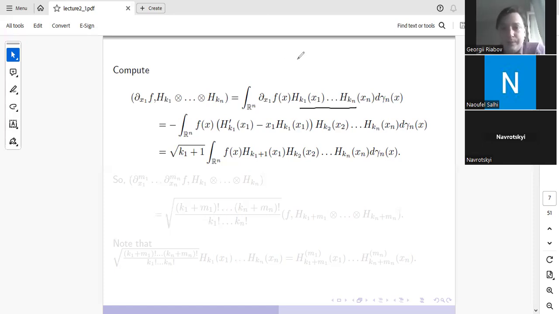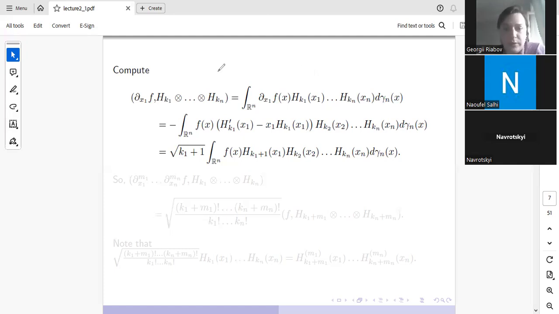And when we differentiate h_{k1}(x1), also we have the density of the standard Gaussian measure. So when we differentiate this, we get h_{k1} prime minus x1 h_{k1}.